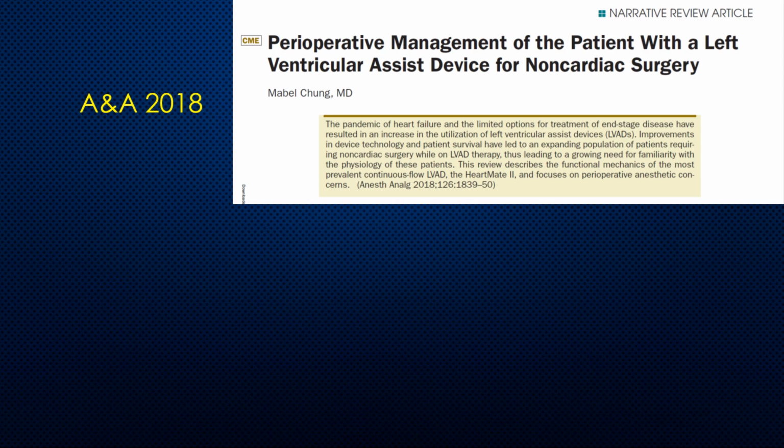Fast forward to 2018, and I present to you this review article on the perioperative management of the patient with left ventricular assist device for non-cardiac surgery, and I highly recommend it.